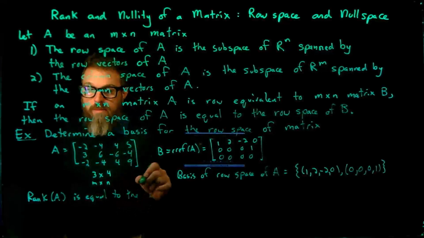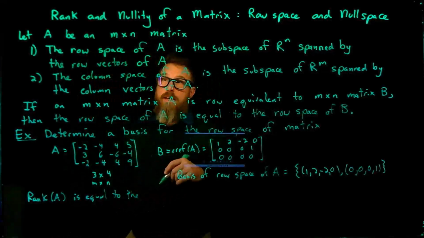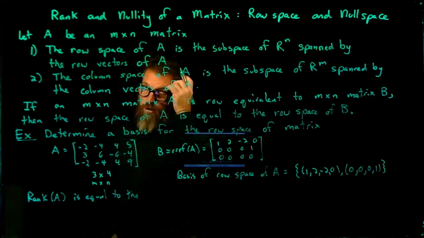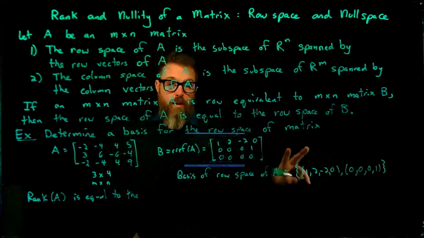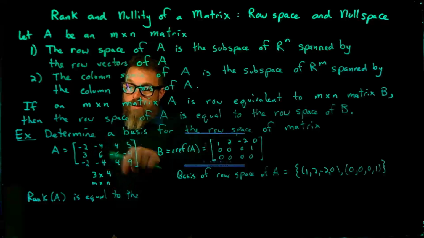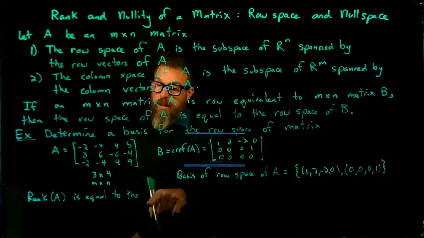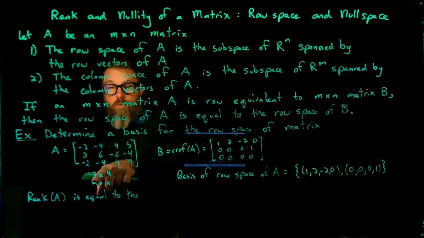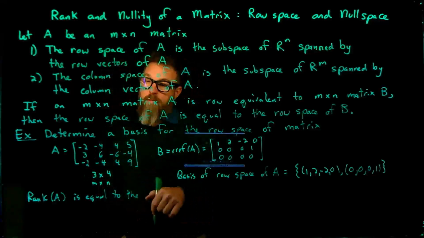to the dimension of its row space or its column space. So if I do find the column space of this, you'll also have 2 linearly independent vectors, and we can just column reduce to do that. You can find the columns that are linearly independent, and you'll see that you have 2 of them, except they will be in R3 instead, but we'll still have 2 linearly independent vectors.